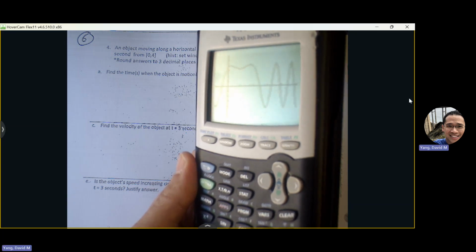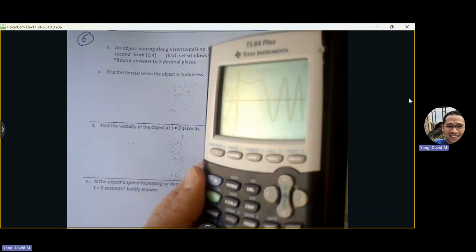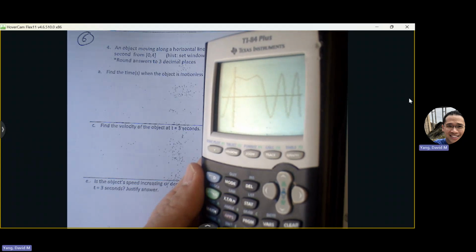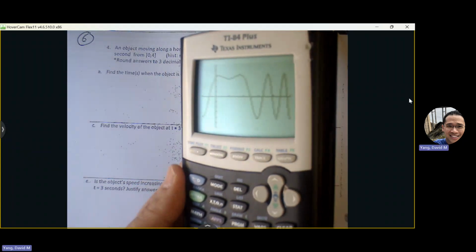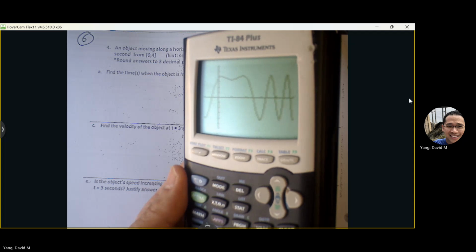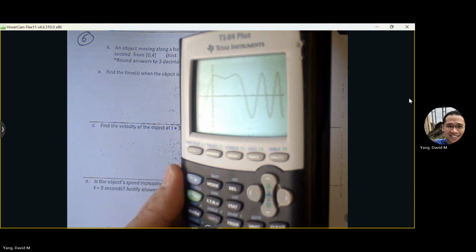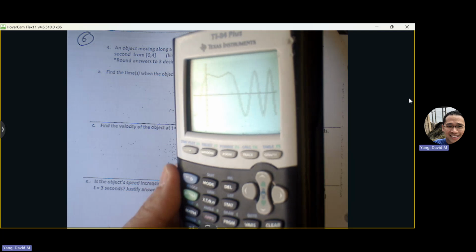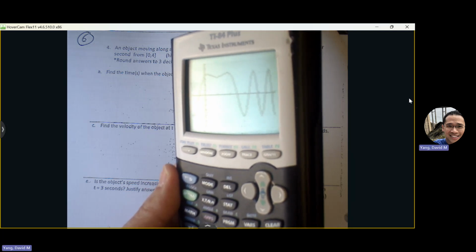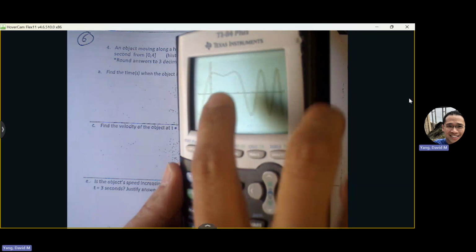Where on this velocity graph would the object be motionless? Would you look below the x-axis? Would you look above the x-axis? Would you look on the x-axis? Yeah, x-intercepts, right? So your x-intercepts would be 0.